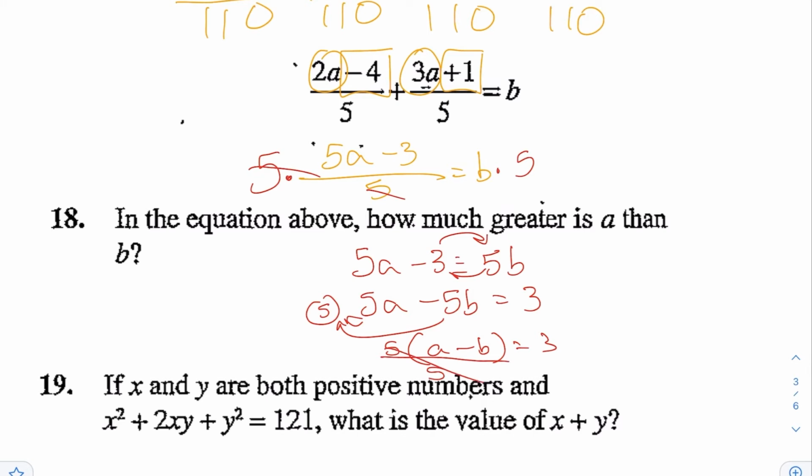And once you divide by 5, you get that a minus b is equal to 3/5. So how much greater is a than b? Well, it's exactly 3/5 greater. Because a is the bigger number, and the bigger number minus the small number is 3/5, or 0.6. So a is 0.6 bigger than b.